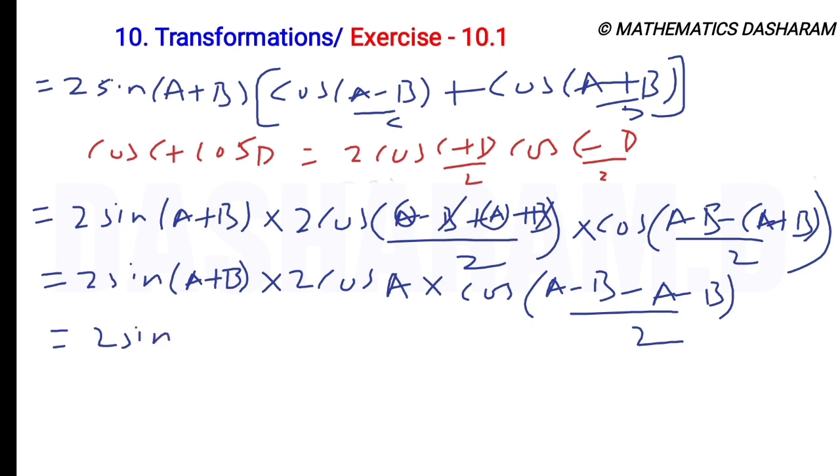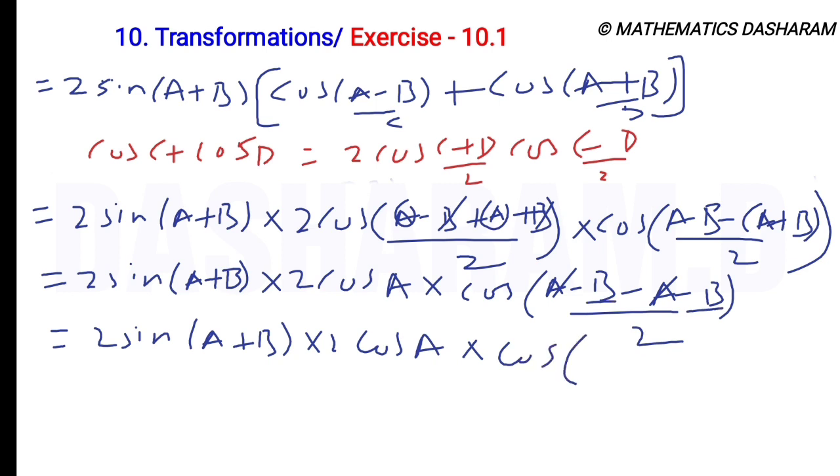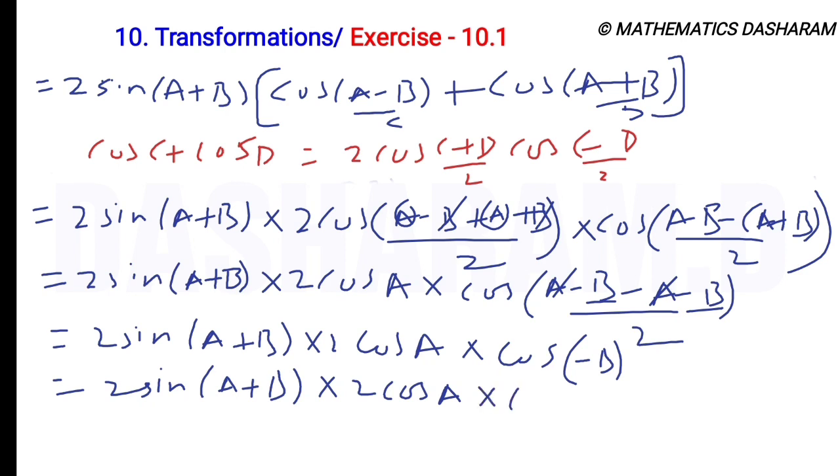So 2 sin(A plus B) into 2 cos A into cos, here plus A minus A cancel, minus 2B by 2 is minus B. So now 2 sin(A plus B) into 2 cos A, and here the cos(minus theta) formula gives cos theta.